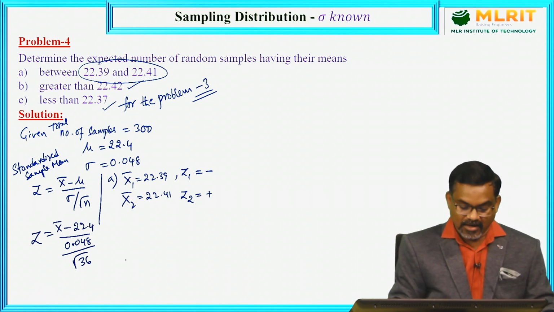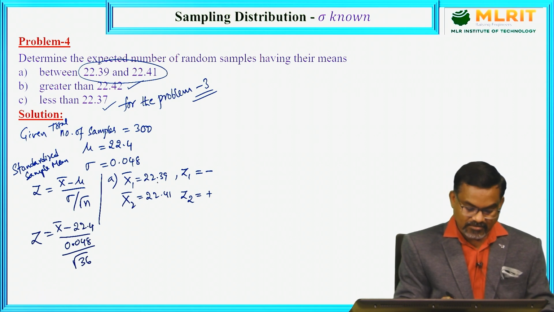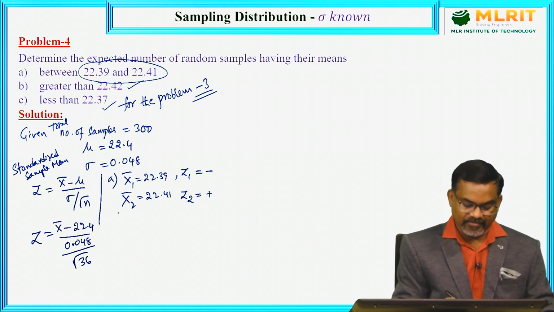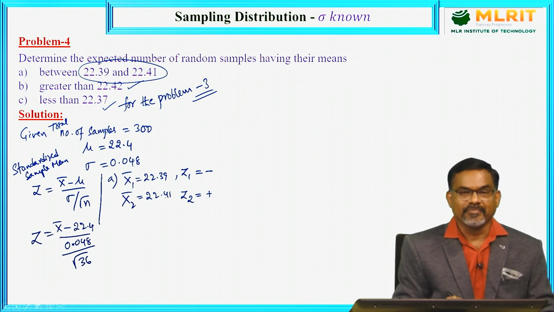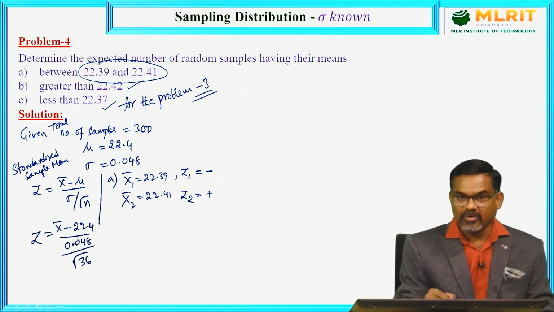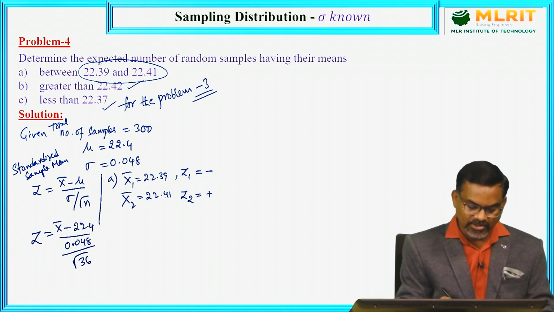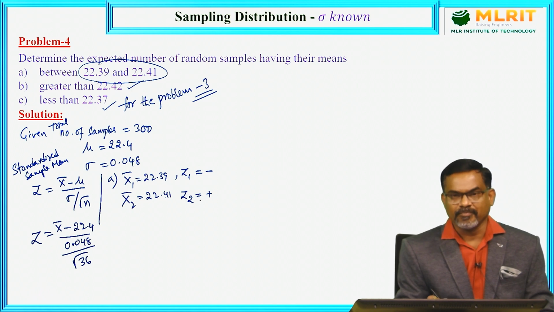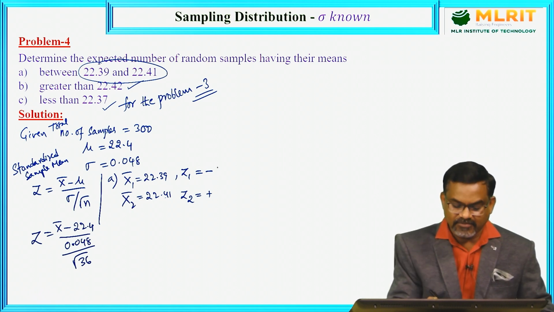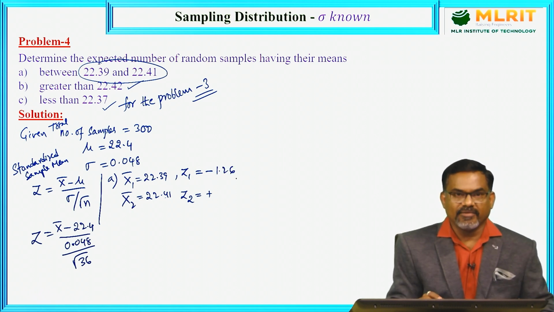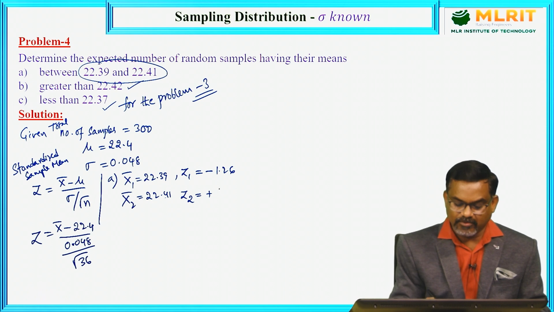And what is the difference here? 22.39 minus 22.4 and 22.41 minus 22.4, a 0.1 difference. So, we will get the corresponding negative and positive values. Simply substitute these two x1 bar and x2 bar here, so that we can obtain Z1 and Z2, and the values are Z1 equal to minus 1.26 and Z2 equal to plus 1.26.